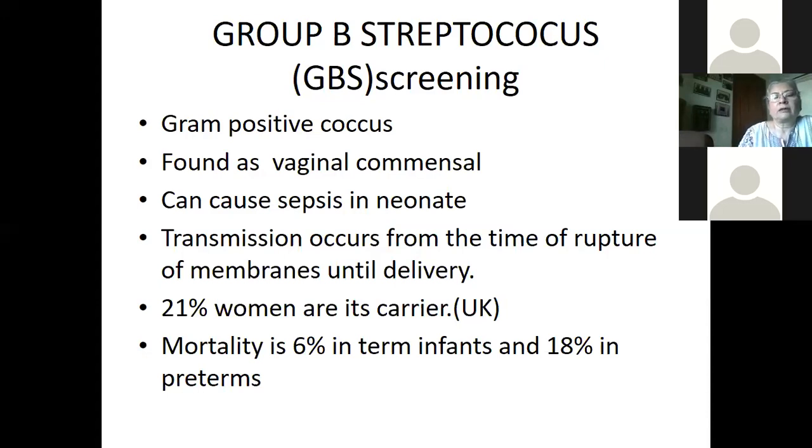This is important. So when is it transmitted? From when the membranes, the amniotic bag, rupture until the time of delivery. This is the time period when it is transferred from the vagina into the fetus.